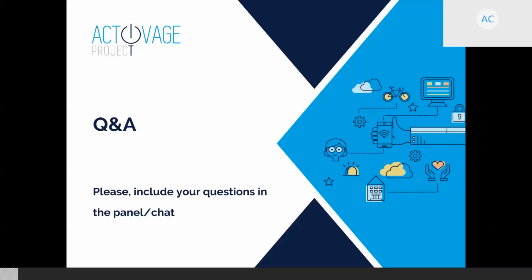Third one, is it possible to have access to more specific technical information on how to build SealBridge? I guess it will be done using REST APIs, right? I have a comment on this. Hi, it's Nick Klanis here from CERT. I'm a technical partner of ACTIVAGE. So, yes, of course, the SealBridges are based on the REST protocol.